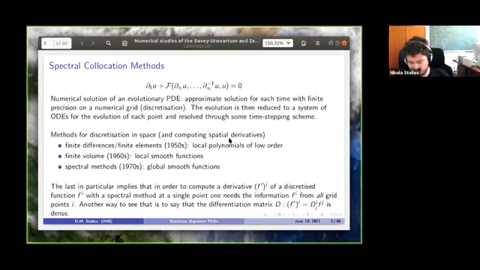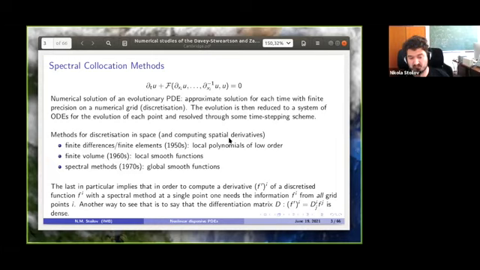There are, generally speaking, 3 flavors of spatial differentiation. One is finite differences or finite element methods. This is essentially using local polynomials of low order, so I look at the functions locally and I approximate them in a different manner in different places.